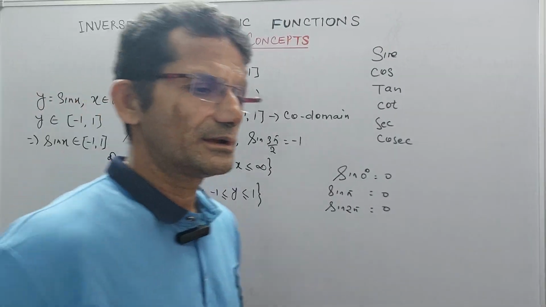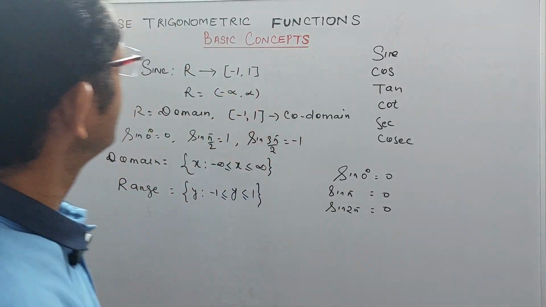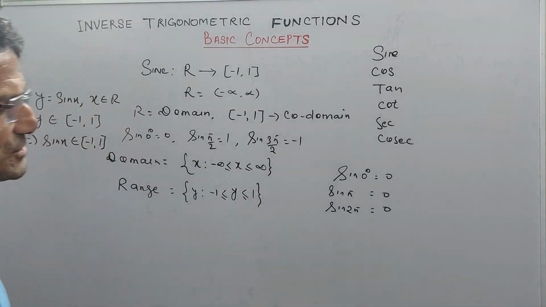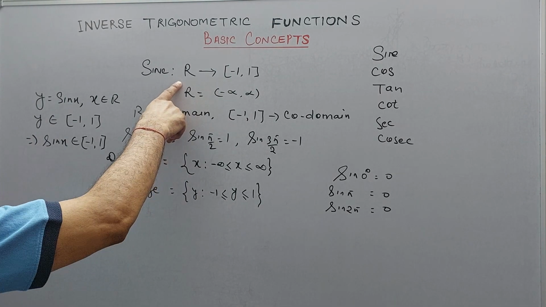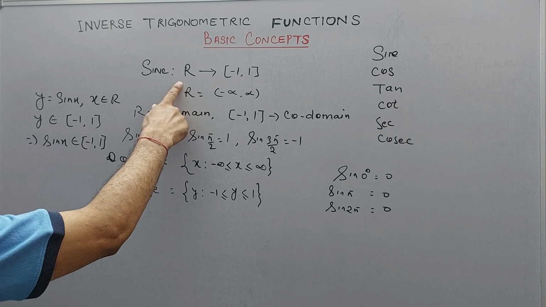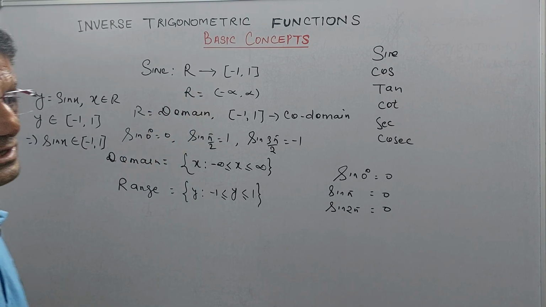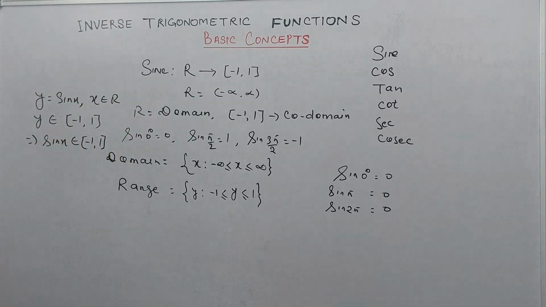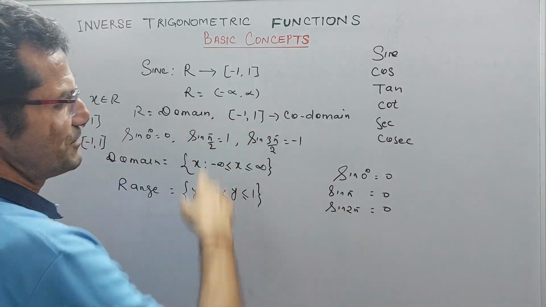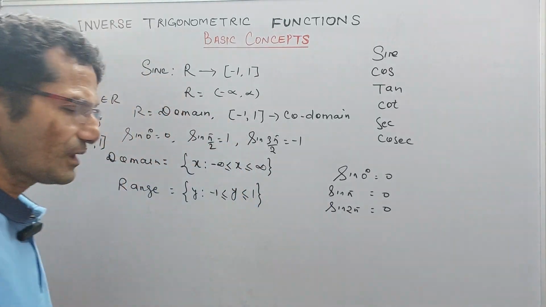To calculate the inverse of the sine function, we have to restrict the domain R to some branches. These branches we will discuss later when we discuss inverse functions. That is why this function is not 1-1 onto.